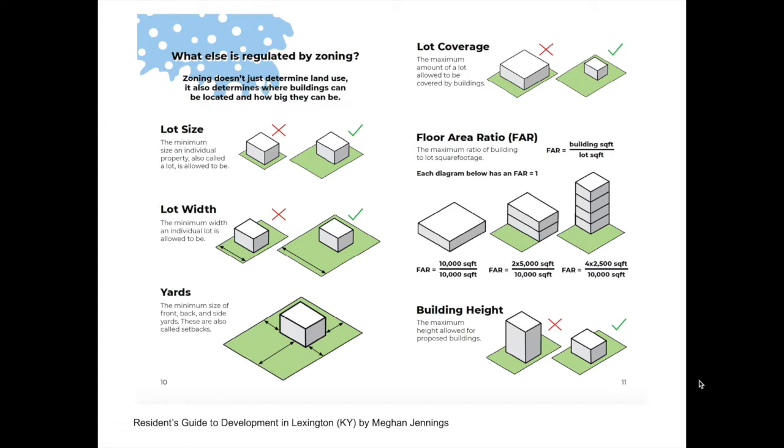One of our grad students who is graduating next month put these graphics together to also illustrate the different factors that determine what our built environment looks like: lot size, lot width, size of yards, percentage of lot coverage, the floor area ratio, and the building height.